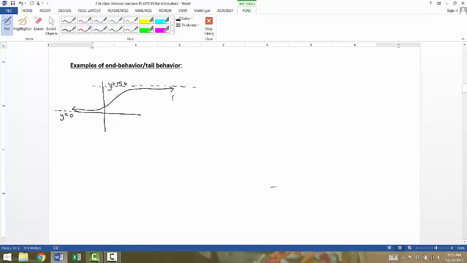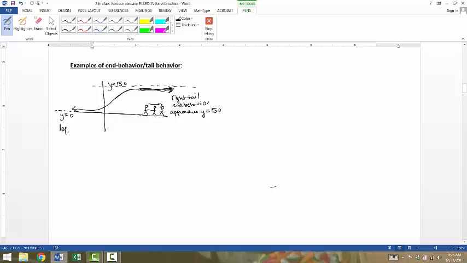All right, so the right tail end behavior is that this function approaches y equals 150. So as x diverges to the right, as x gets bigger, bigger, bigger, as you walk to the right, the graph gets closer, closer, closer to y equals 150.